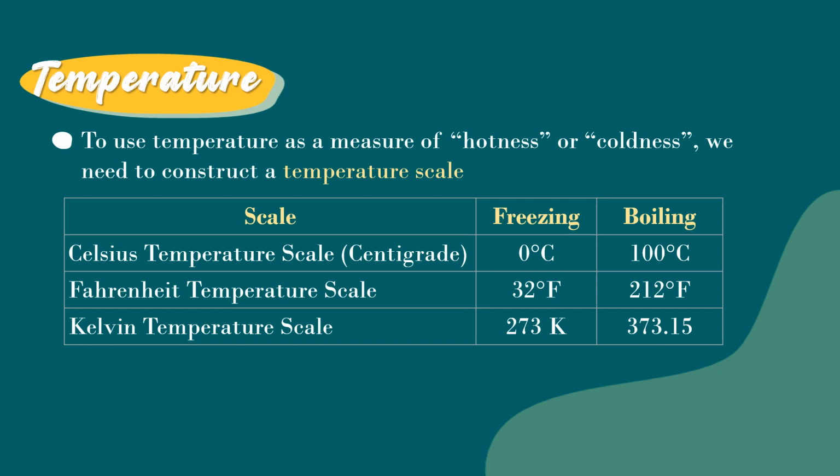For Celsius, the one that we are familiar with, we have 0 degrees as the freezing point and 100 degrees Celsius as the boiling point. Fahrenheit, on the other hand, has a 32 degrees Fahrenheit freezing point and 212 degrees Fahrenheit boiling point. For Kelvin, it's a higher number, 273.15 Kelvin and 373.15 Kelvin. Okay?